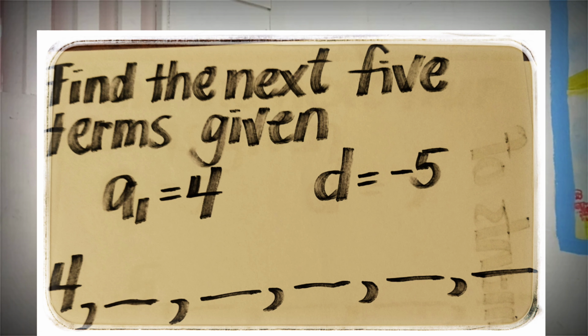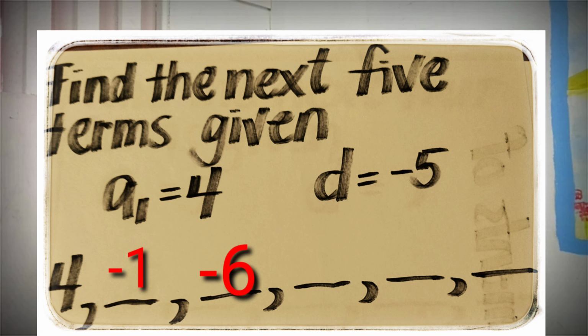O, let's solve. 4 minus 5. 4 minus 5 is what? Negative 1. So, negative 1 naman, minus 5. Both are negative. So, we will add the numbers, but the sign is also negative. So, we have negative 6.